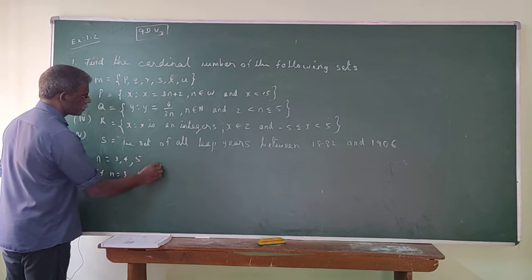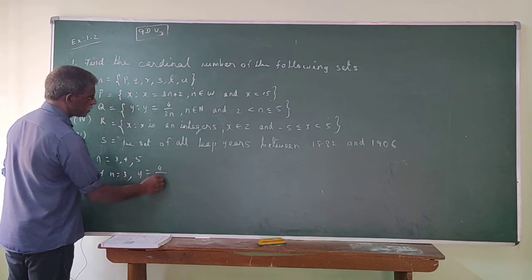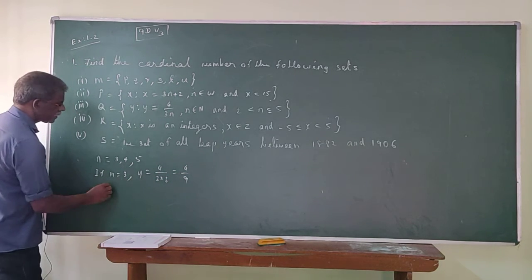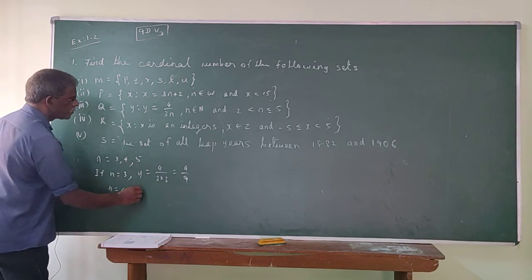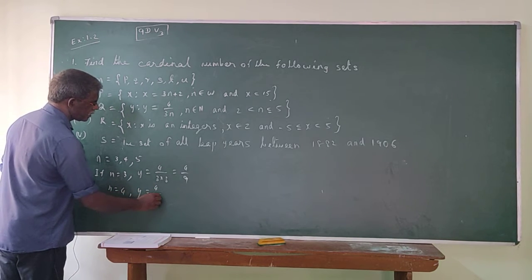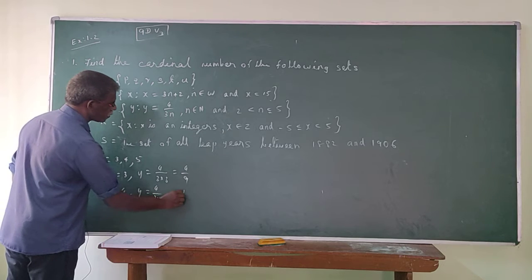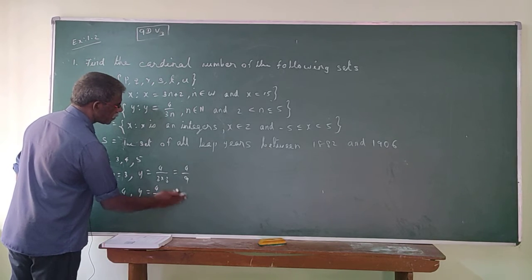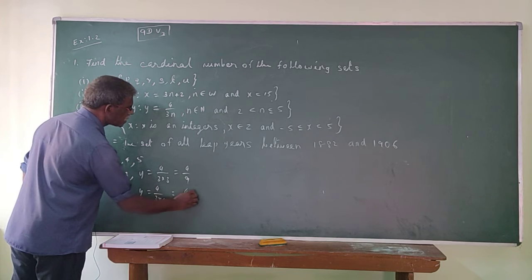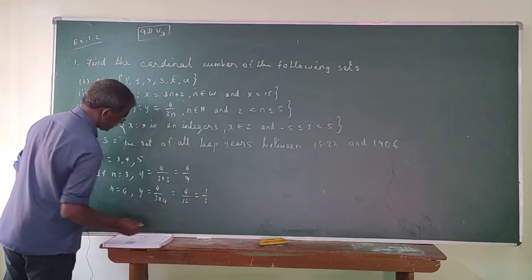So y is equal to 4 by 3 into 3, which is equal to 4 by 9. Then n is equal to 4, y is equal to 4 by 3 into 4, which is 4 by 12, equal to 1 by 3.